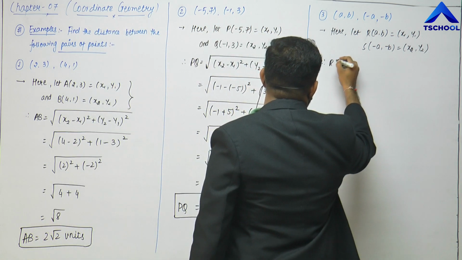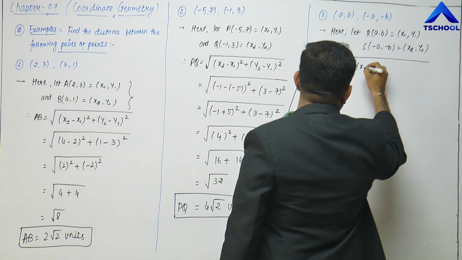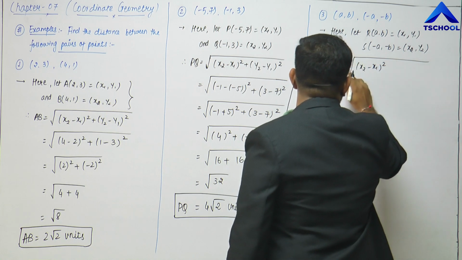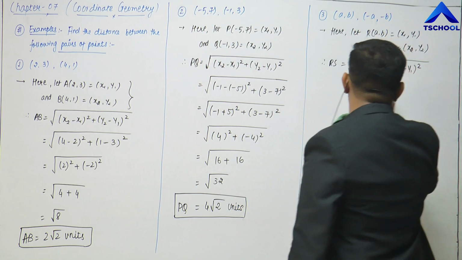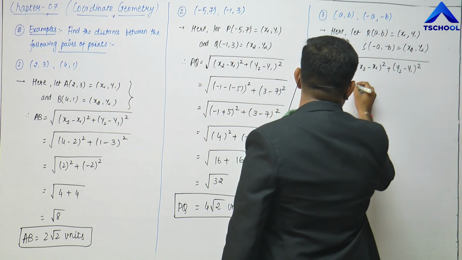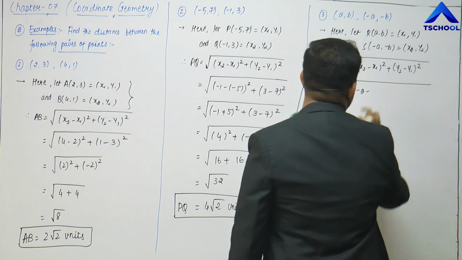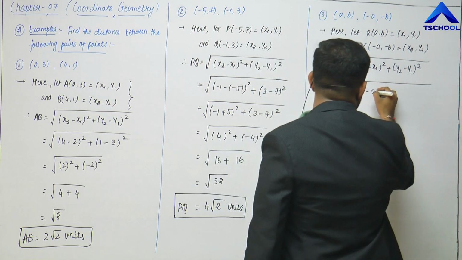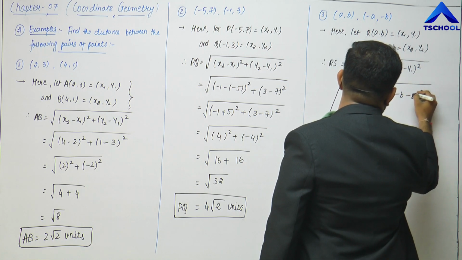Therefore the distance between R and S is given by the distance formula, that is square root of x2 minus x1 whole square plus y2 minus y1 whole square. So this gives me square root of x2 minus x1, that is minus a, minus again x1 is a, so minus a whole square plus minus b whole square.